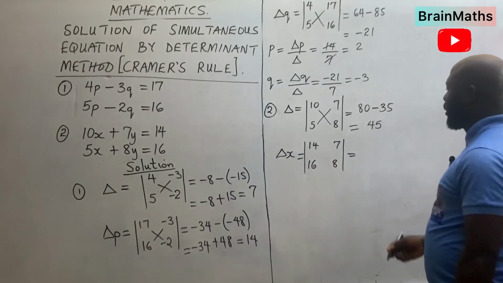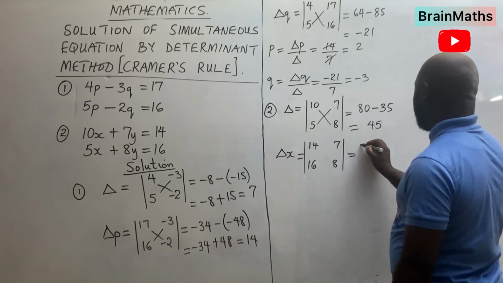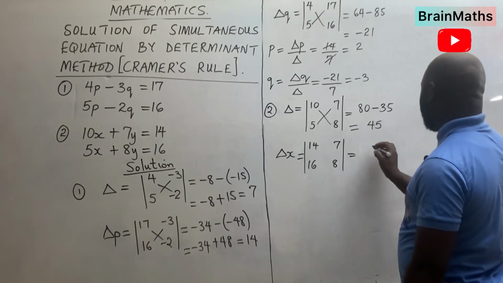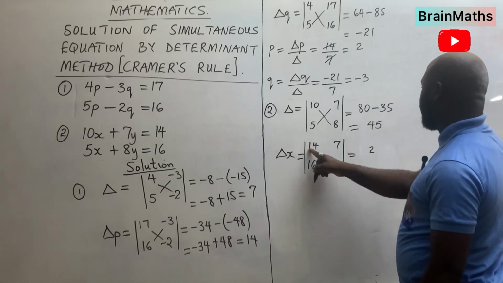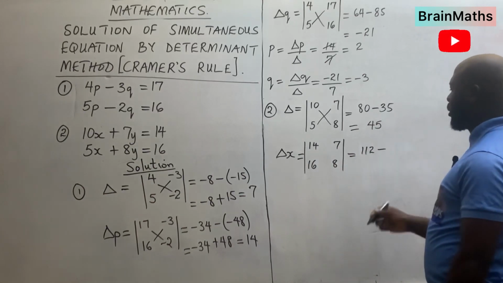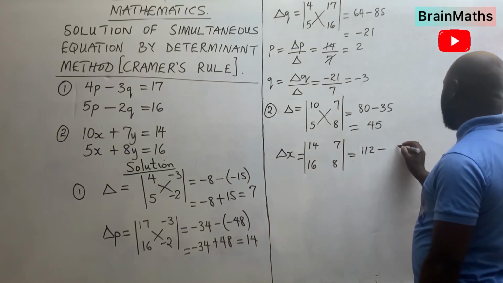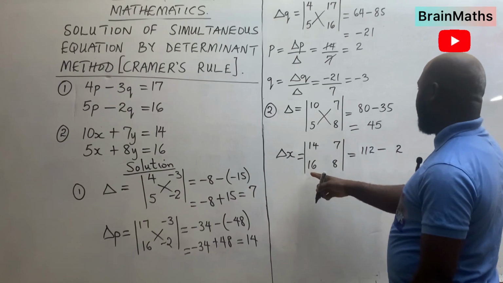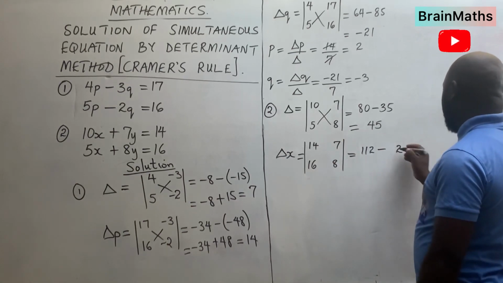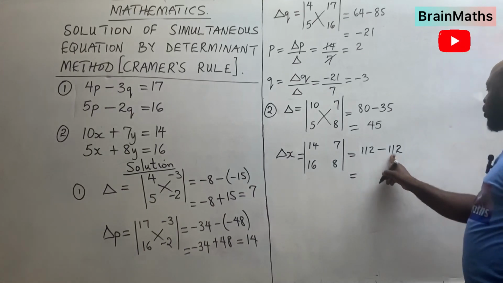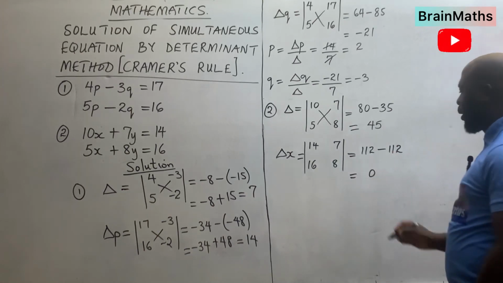So we have 14 times 8, that is 112, minus 16 times 7, 112. So 112 minus 112 will give us 0.